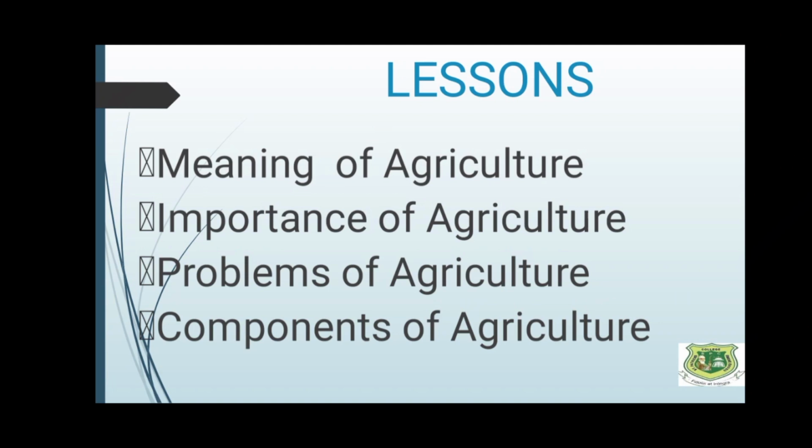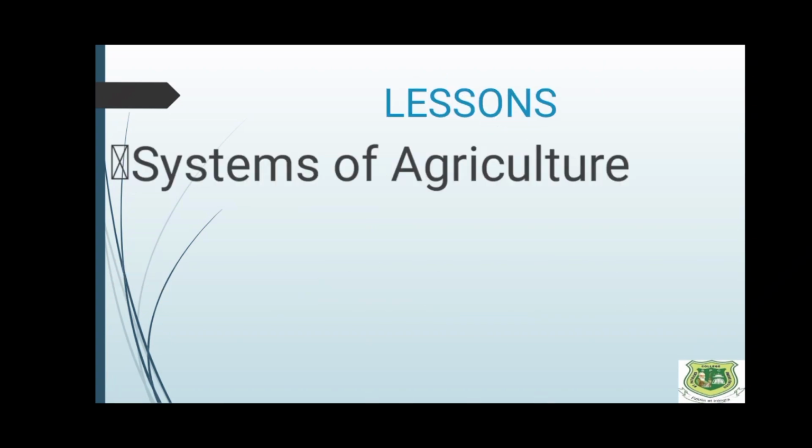Now, we are going to look at the systems of agriculture. These are methods of farming practiced by farmers to get more products from their farms. One is peasant or subsistence farming. This is small-scale farming where the farmer produces only for himself and his family. The surplus is sold at the local market.